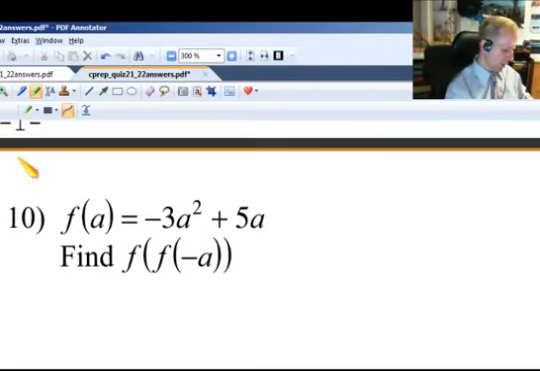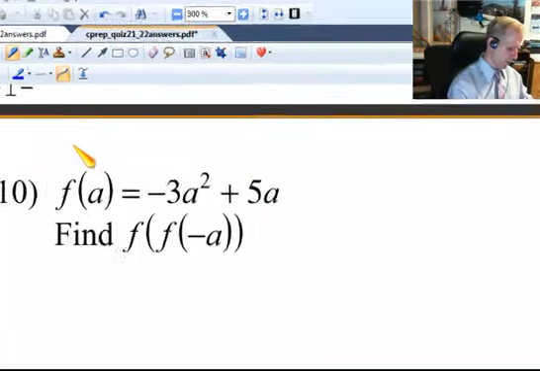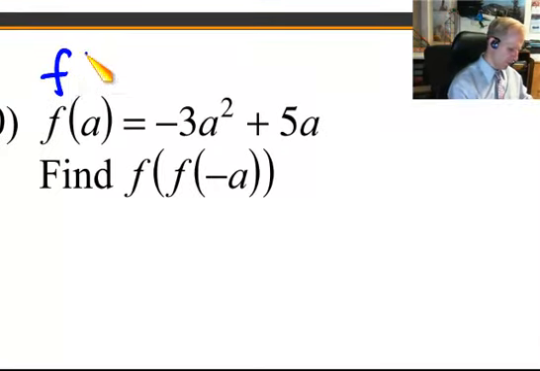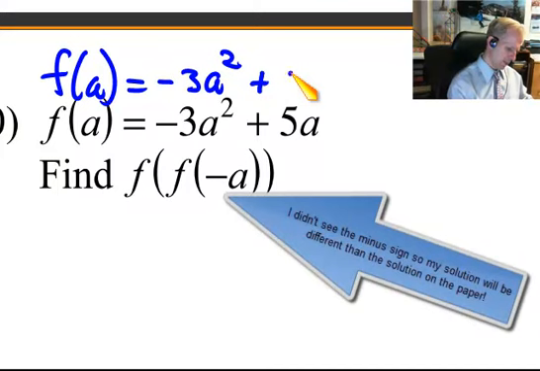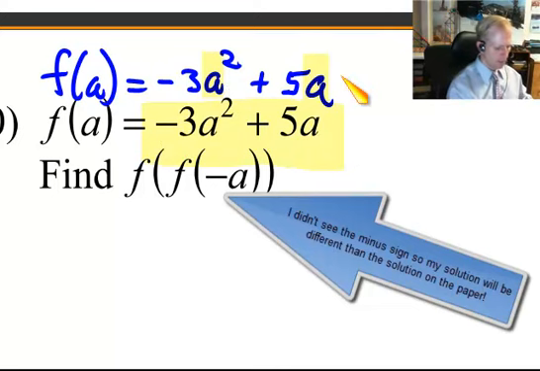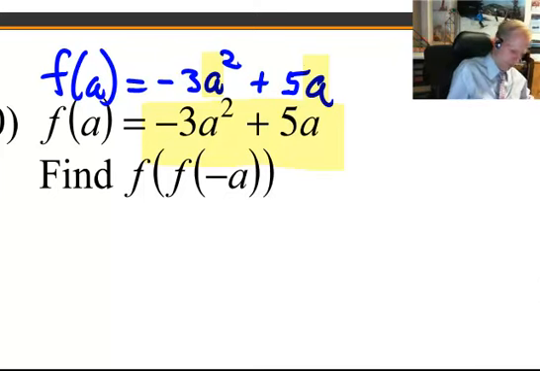Okay, now I'm asked to do the composition of a function with itself. So when I do that, I always want to write a copy of the one function right underneath itself. So in this case, I'm just going to write one above it. And now I take the function itself and I substitute it in for the variable in the other function, which just coincidentally is the same function, which is okay.